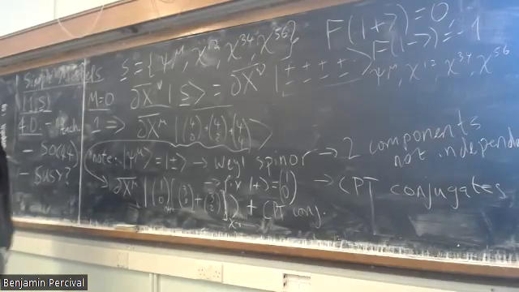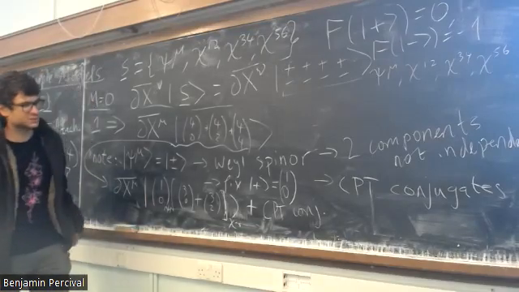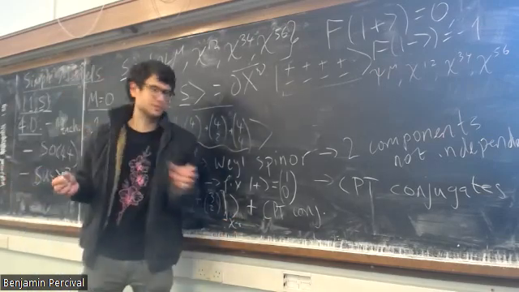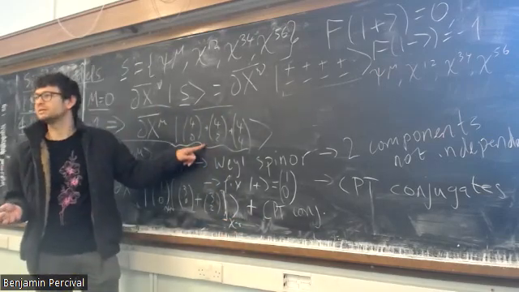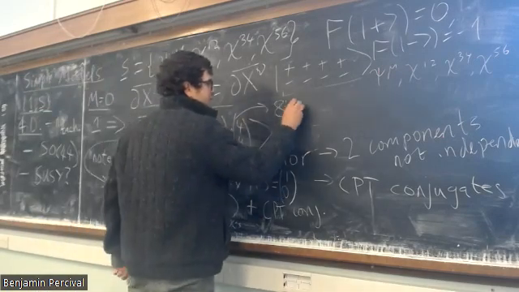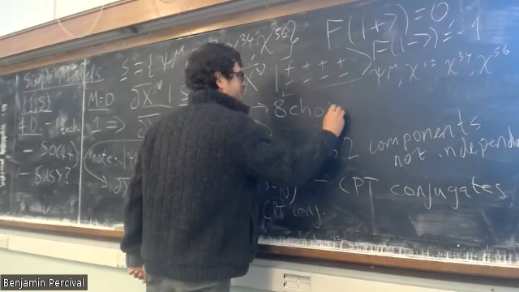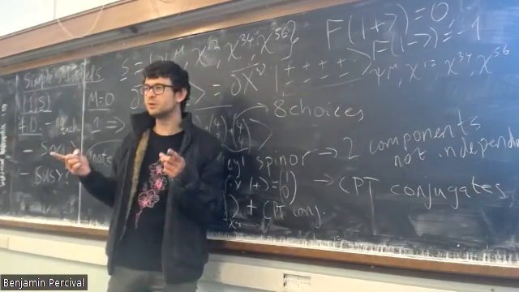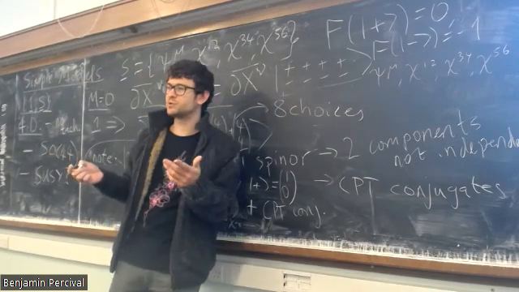So if you look at this now, because we've split into two components, before we had 8 choices, but because we've split up the two components of psi mu, we've essentially halved the number of choices.